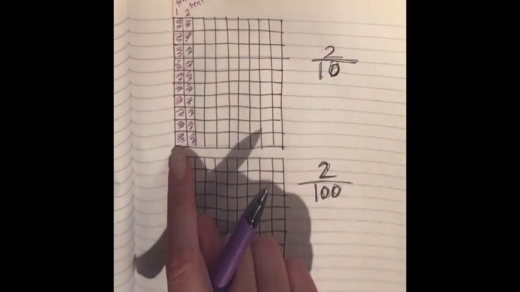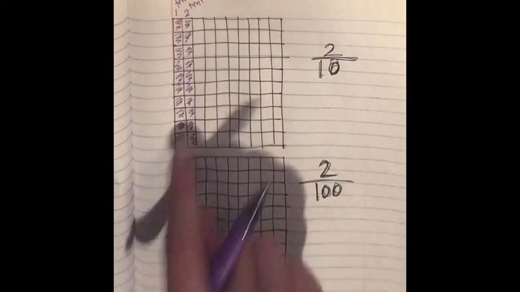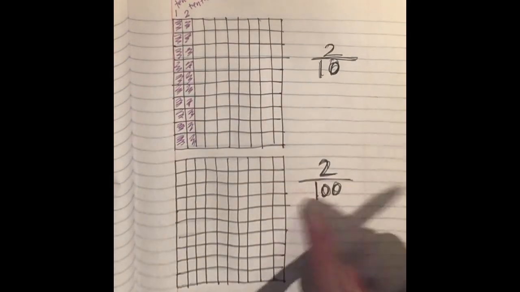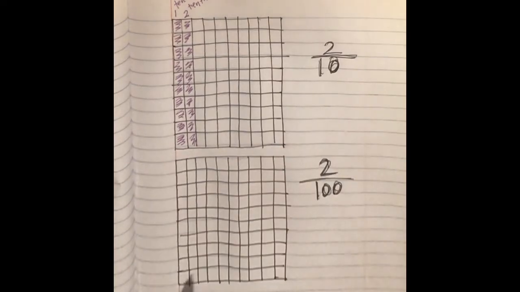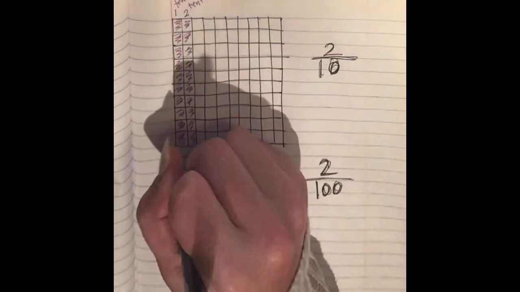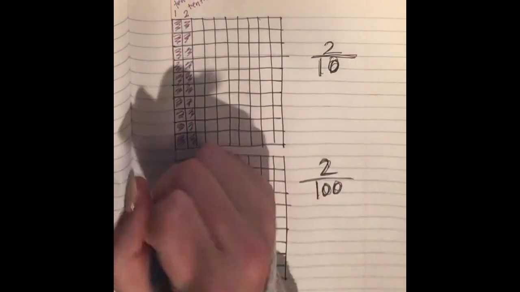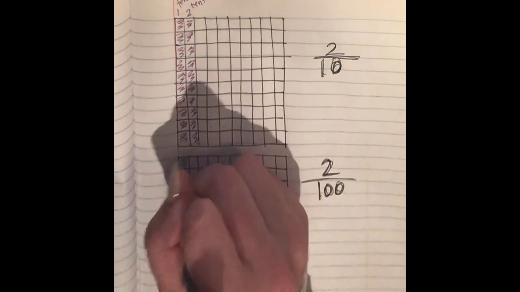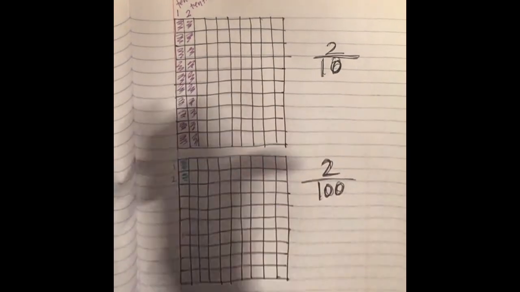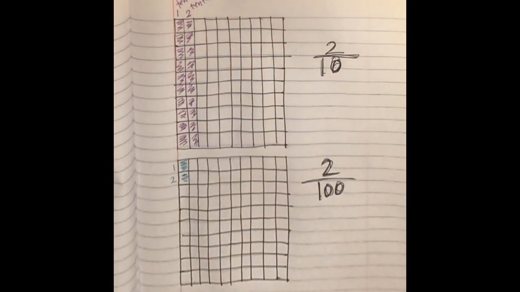A tenth is a whole thing. It's a group of 10. What about 2 hundredths? Well, we have 100 parts. So how many do we need to color in? That's right. Just 2 squares. So here we have 1 hundredth, and here we have 2 hundredths.